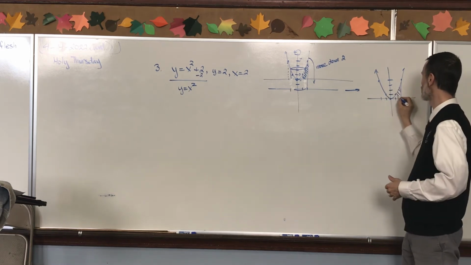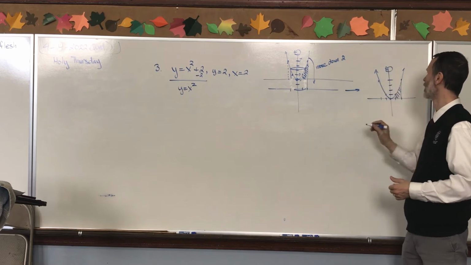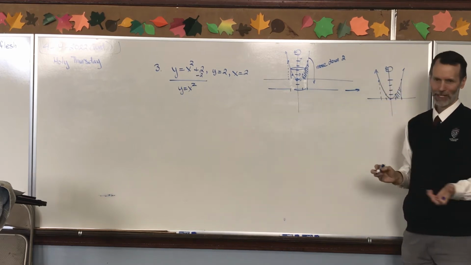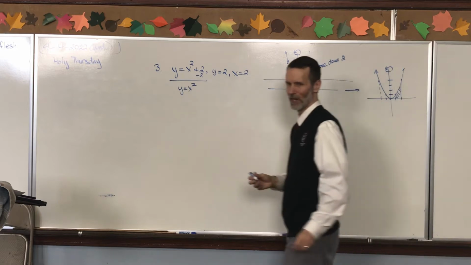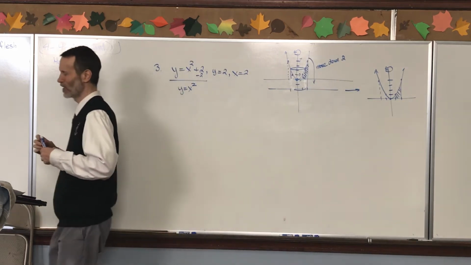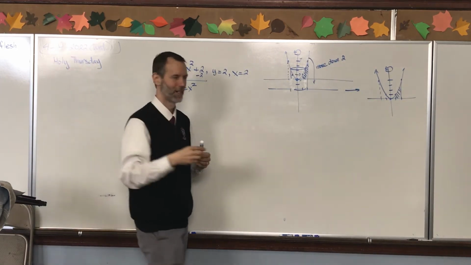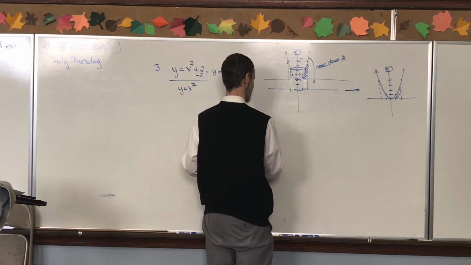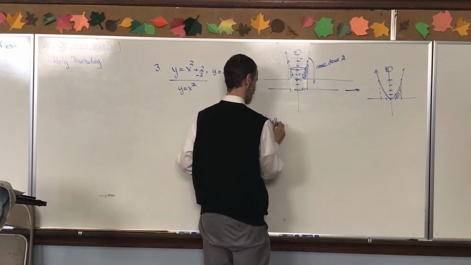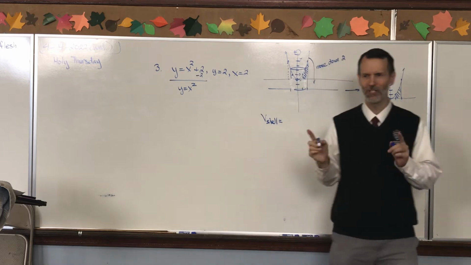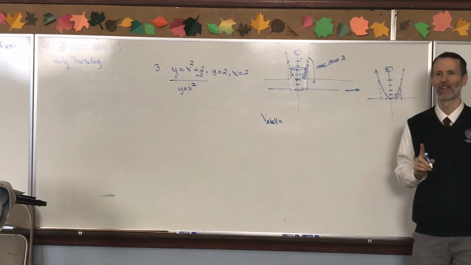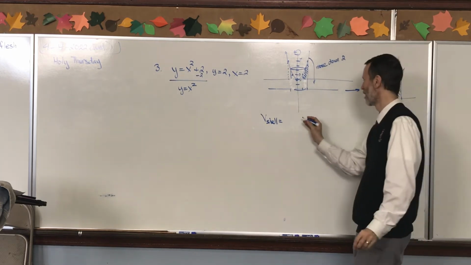Here's the thing: we want to spin around the y-axis. Now we can do it. Refresh my memory. Pete, what is the volume of a shell? A single shell. What's the formula? Disk is pi r squared h. What's a shell?